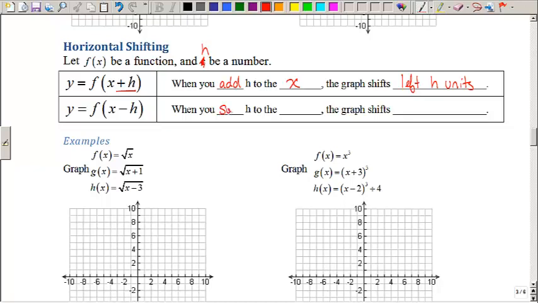Similarly, when we subtract h to the x value, not the function, but the actual x inside the parentheses, the graph is going to shift right h units. Notice this is opposite of your intuition, or what you might think happens.